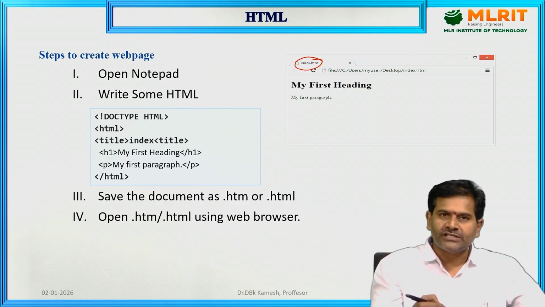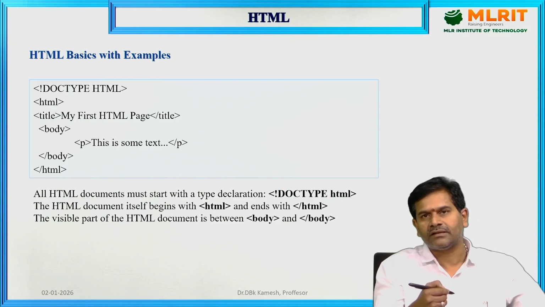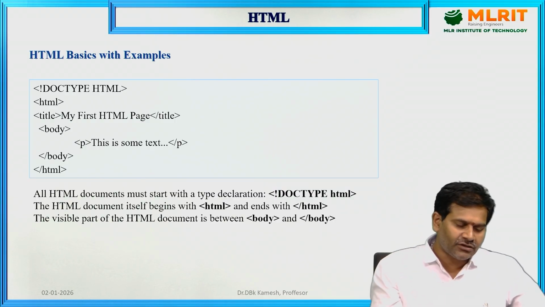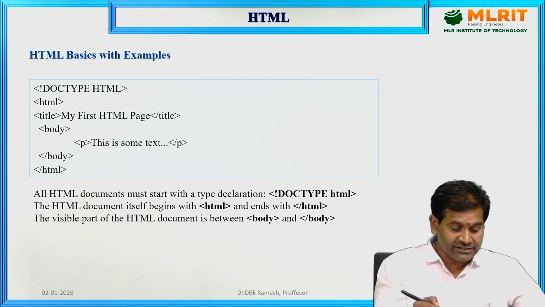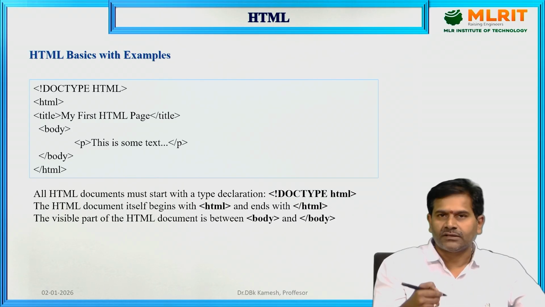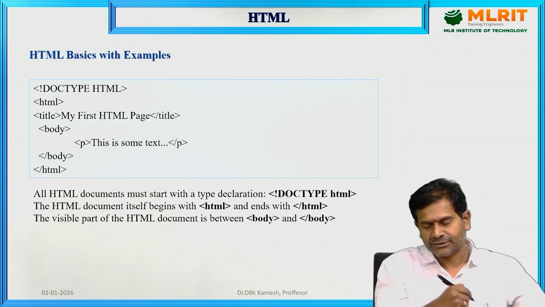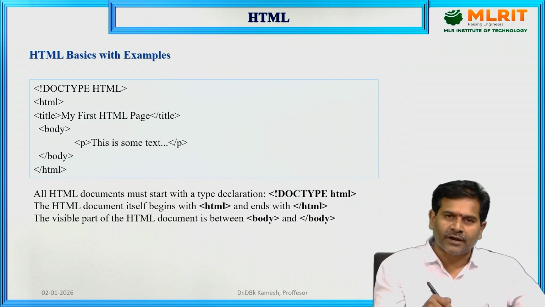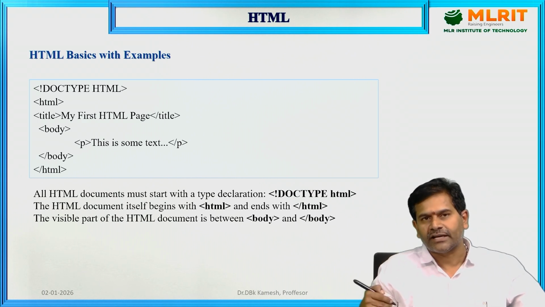So far we have discussed all these things. HTML basics: the document type, which is a declaration part. Then the HTML starting tag and ending tag, in angle brackets, within which you write your tag names.